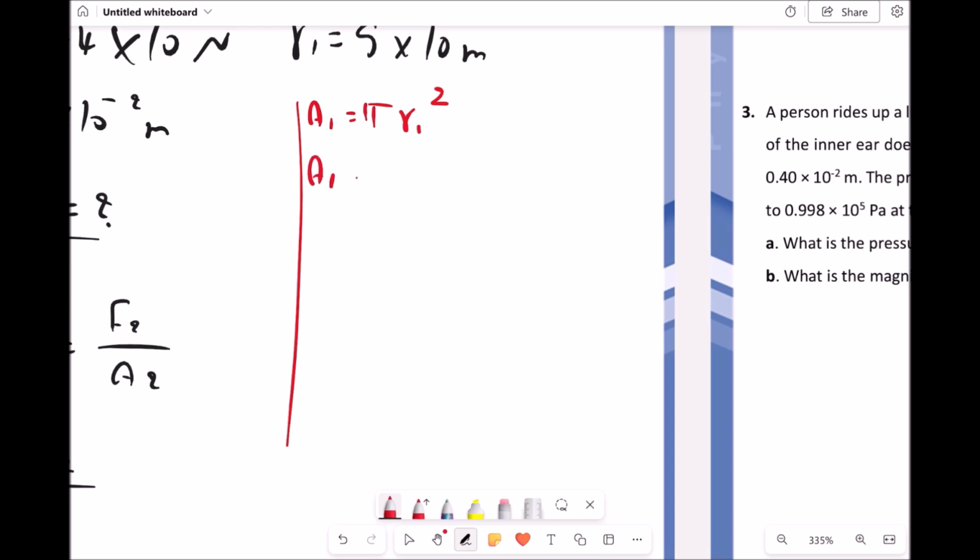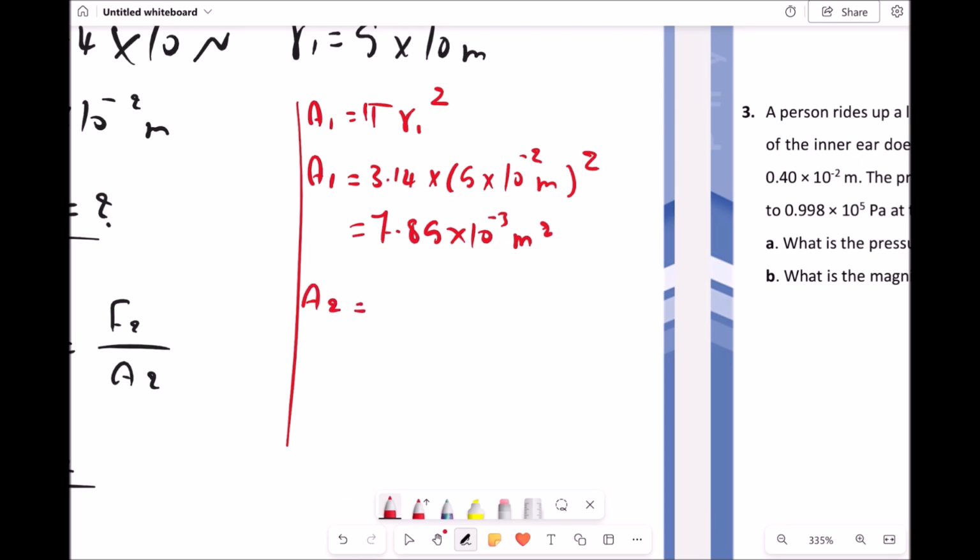Then area 1 is equal to 3.14 times R1, which is 5 times 10 to the power of minus 2, squared. This is meter squared. And this is equal to 7.85 times 10 to the power of minus 3 meter squared.